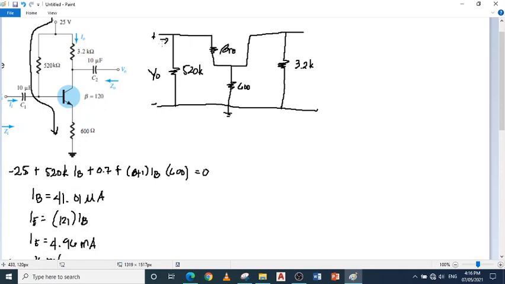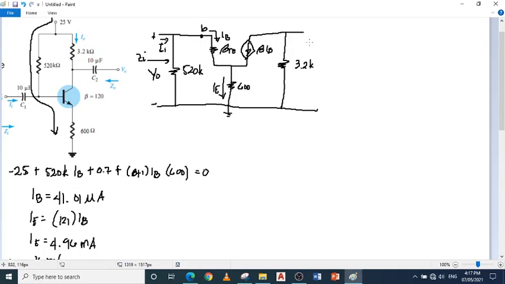This is II. And ZI. Okay? This is the base. Ito ay IB. Ito ay IE. And ito yung dependent current source natin, so that is beta IB.